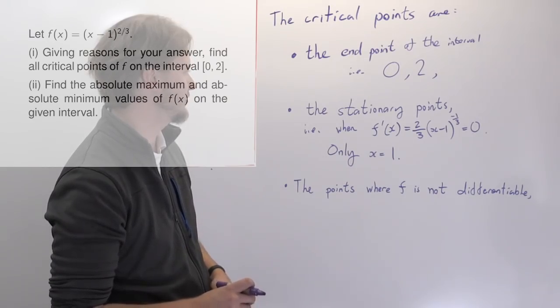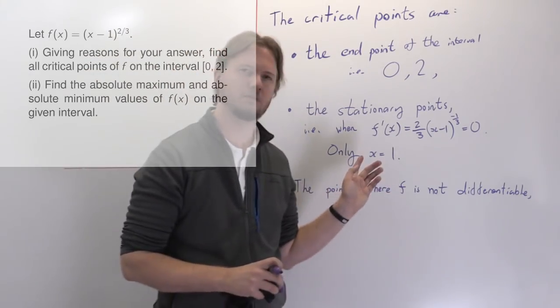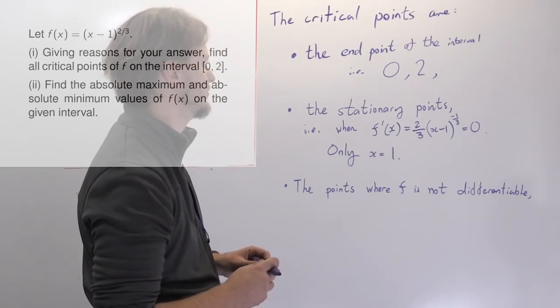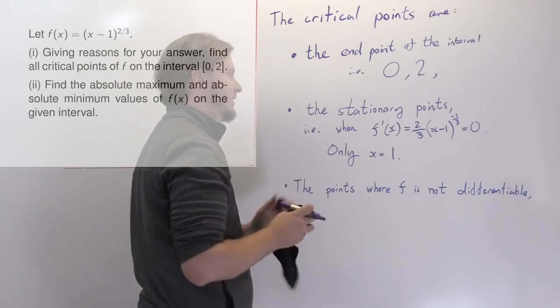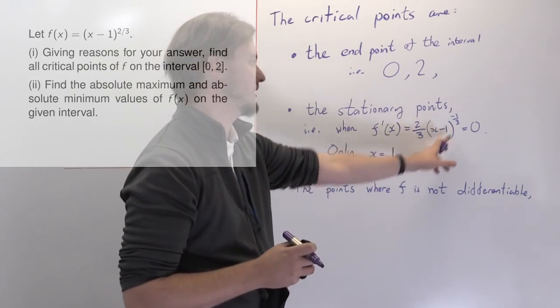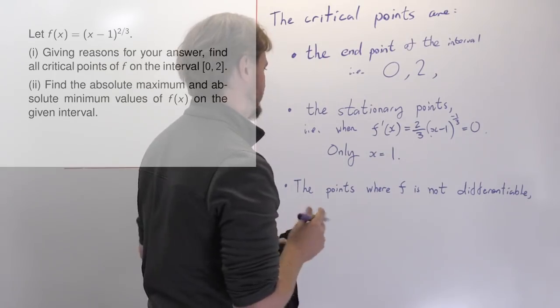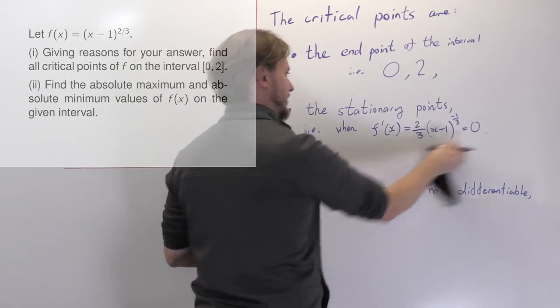Is there a way to make that function equal to 0? No, I think there are no stationary points for this function. So I've actually made a mistake. Yeah, sorry, I was too focused on making the thing inside 0, not paying attention to the power. So yeah, no stationary points. Yep, that's correct.